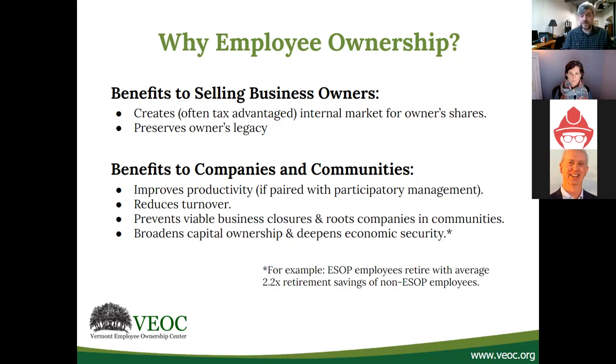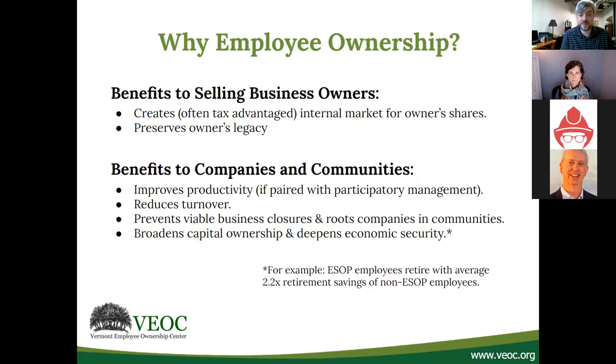And then in terms of companies and communities, there's also a bunch of benefits. So one thing that's been shown in numerous studies, and there's a lot of great academic research on this out of Rutgers, particularly, is improved productivity. When you've got a broad group of people who are all co-owners of the business where they work, they're going to treat their work differently in a variety of ways.